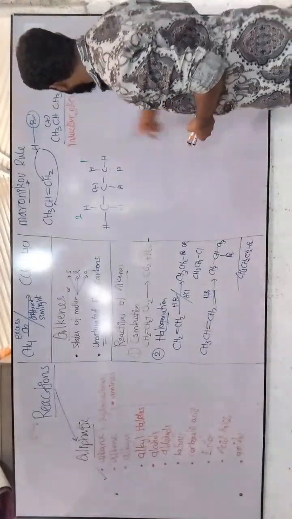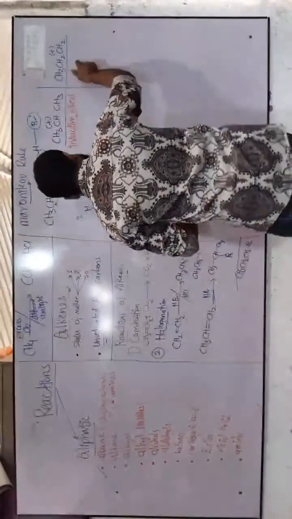In the case of this one, here we have CH3, CH2, CH2 plus. If you write it bigger, CH, H, H, H, H, H.